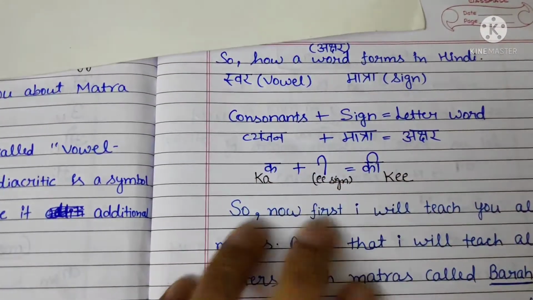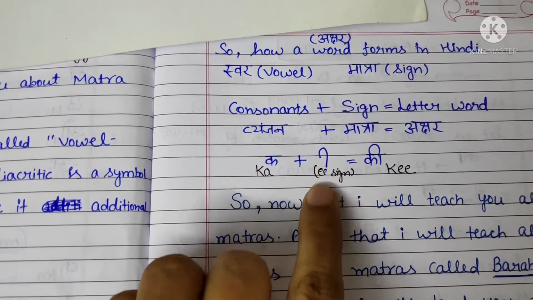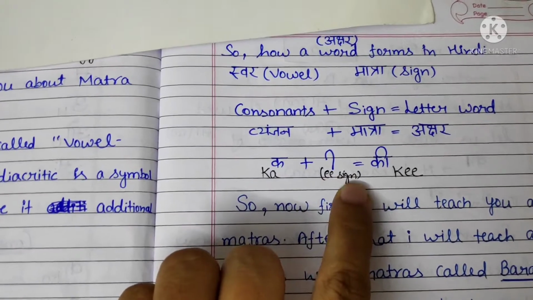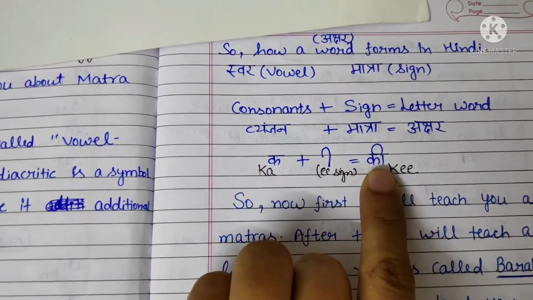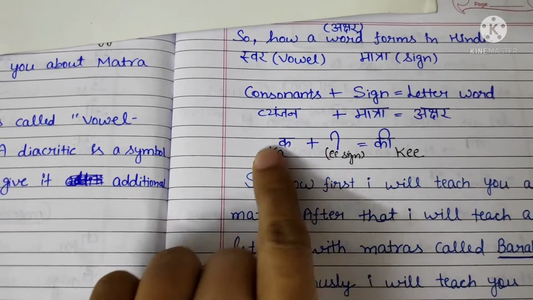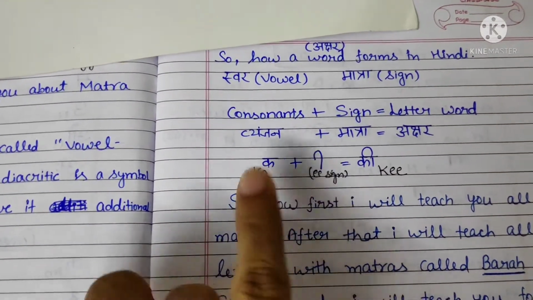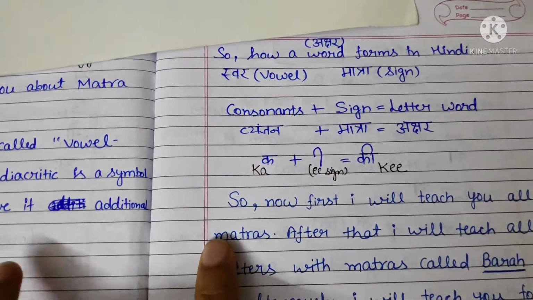Let's take another example. K plus the matra of double E, the E sign, makes ki. It adds the double E sound to the K. So K becomes ki. That is how the matra changes any alphabet of Hindi.